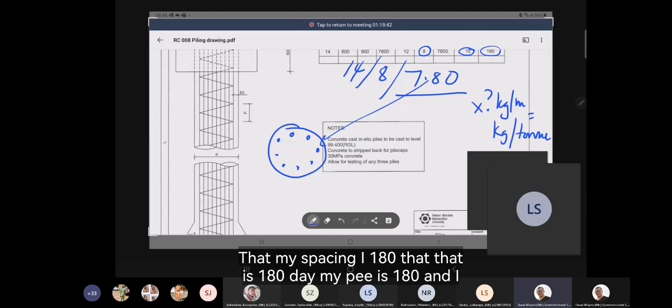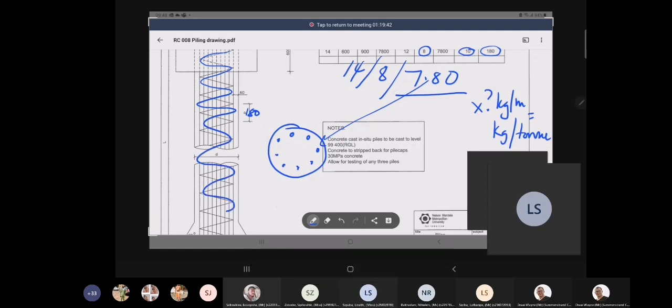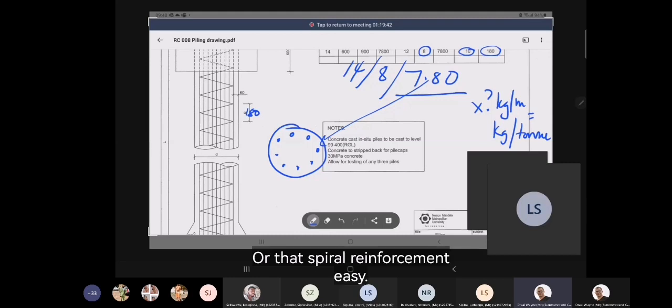That my spacings are 180, my P is 180, and I need to determine what the length of that spiral reinforcement is there. So I indicate and I say it is 10 millimeter diameter mild steel spiral or helical reinforcement in my piles.